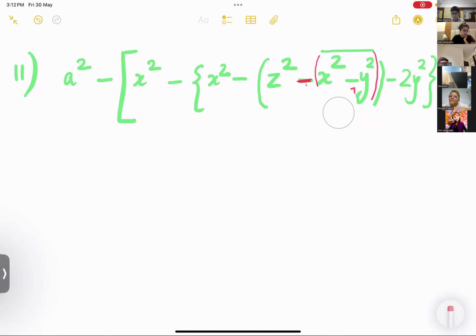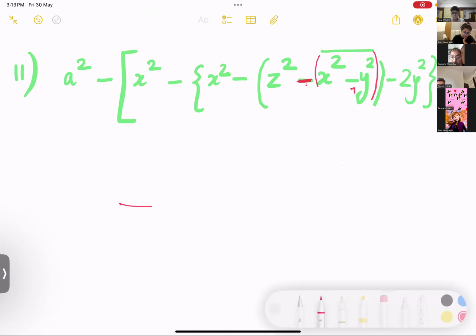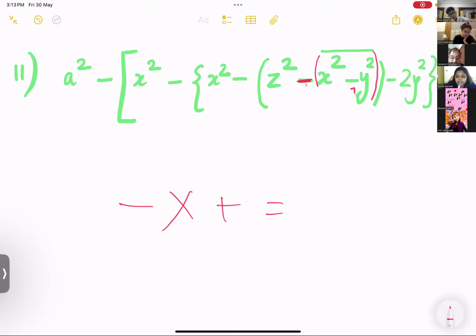Minus. Ayantika, minus. Children, when we are multiplying a minus with a plus sign, what sign do we get? Plus. Minus. Minus times a plus. Minus times a plus is what symbol? So minus.